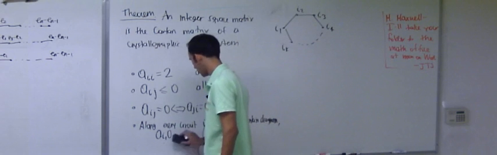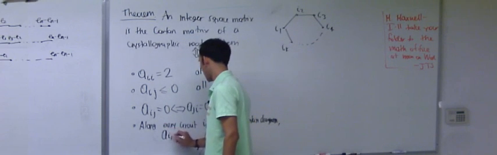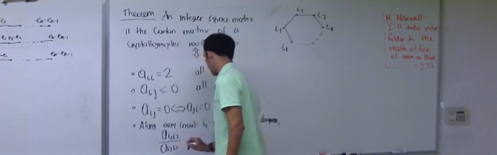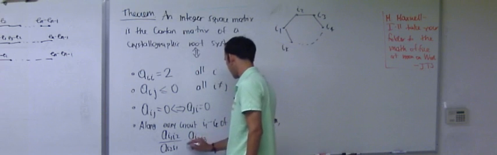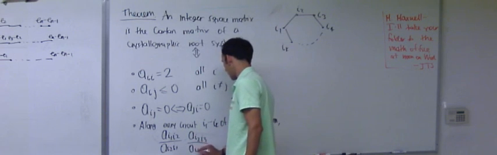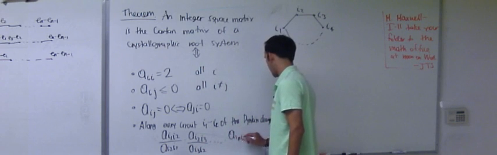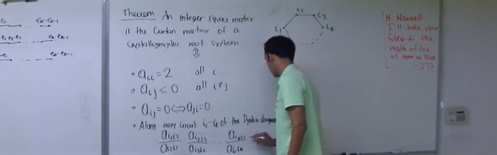A_{I1 I2} divided by A_{I2 I1} multiplied by A_{I2 I3} divided by A_{I3 I2} multiplied by etc. up until A_{IK I1} divided by A_{I1 IK} should be equal to 1.